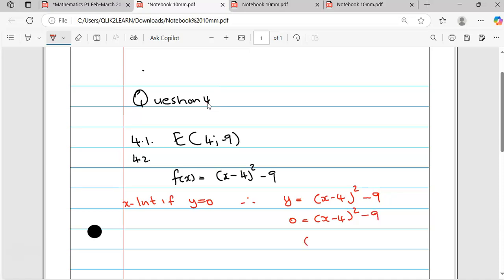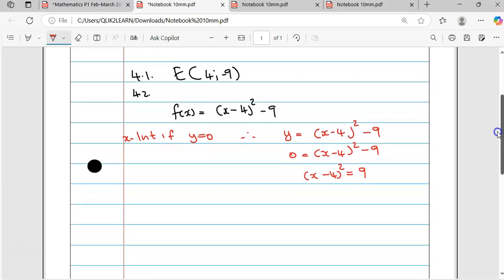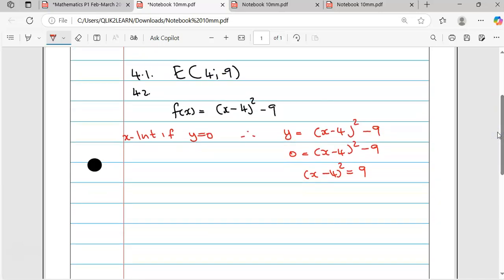We can isolate this and say (x minus 4) squared equals 9. To solve for x, we take the square root of both sides, so x minus 4 equals plus or minus 3. We equate x minus 4 to 3, or x minus 4 to negative 3.